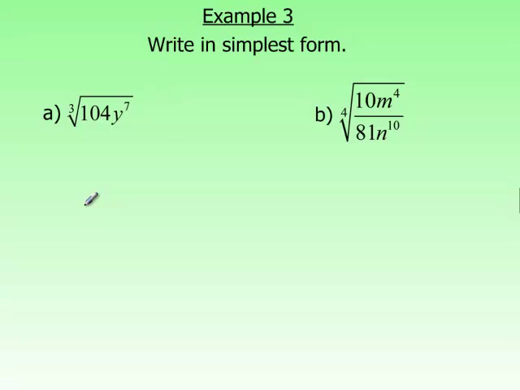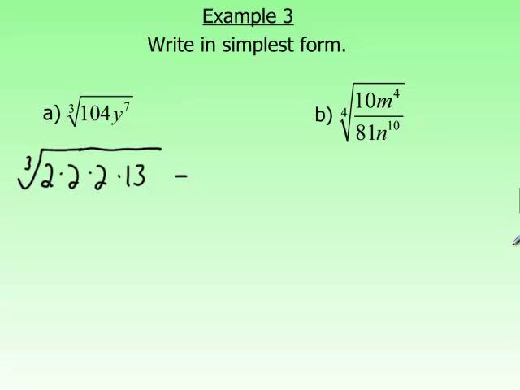Now the prime factorization of 104, so if I were to write this out here, I'll just do this long ways so you can see what that looks like. It's simply going to be 2 times 2 times 2 times 13 would give us 104.